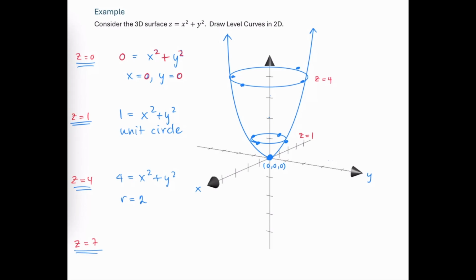So we're looking at the same change in elevation from z equals 1 to z equals 4, then from z equals 4 to z equals 7. So we went up 3 units from these two trace curves and 3 units between these two trace curves. In the z equals 7 plane, we get 7 equals x squared plus y squared, again a circle, but this time the radius is the square root of 7, which is approximately 2.65.